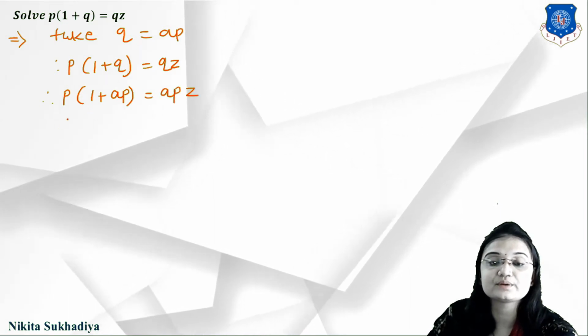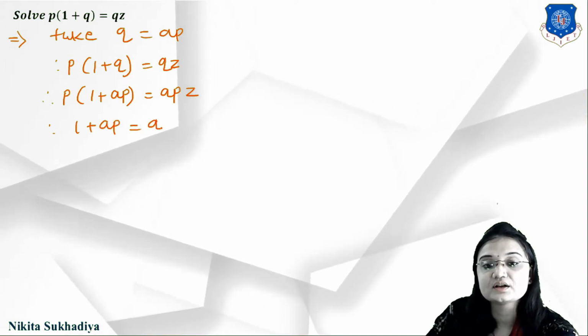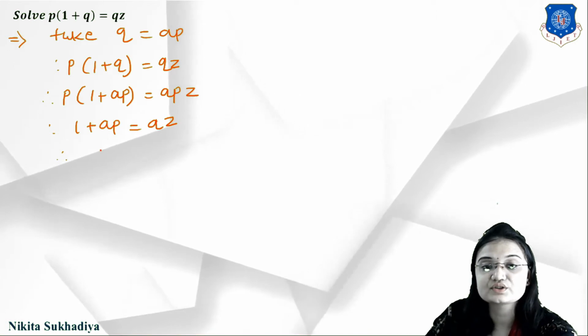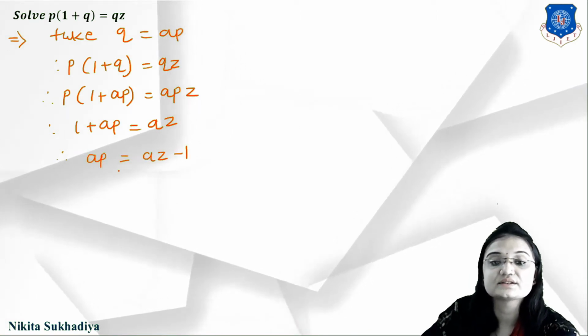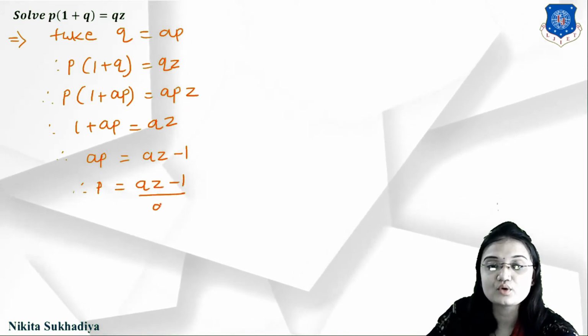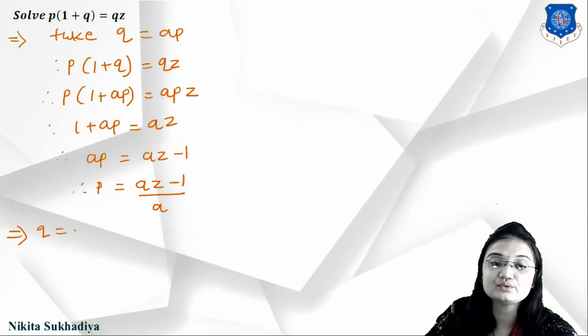By cancelling p from both sides, this will become 1 plus ap is equal to az. Now by taking p common, this will become ap is equal to az minus 1. So p is nothing but az minus 1 upon a. Here we have taken q is equal to ap.